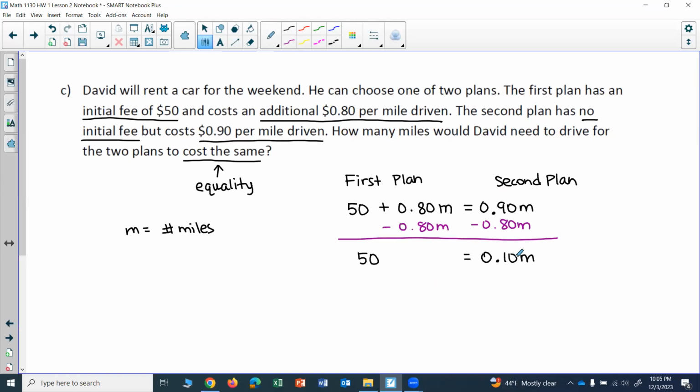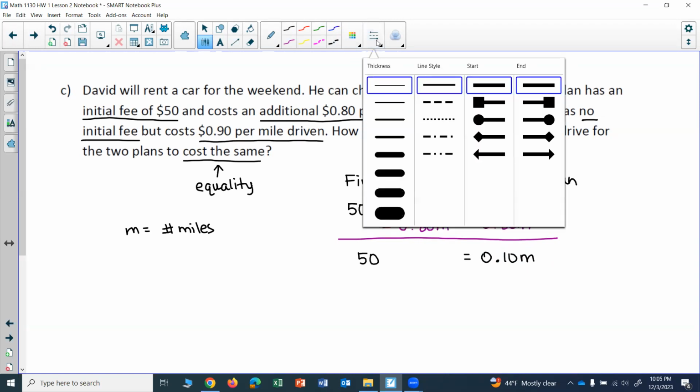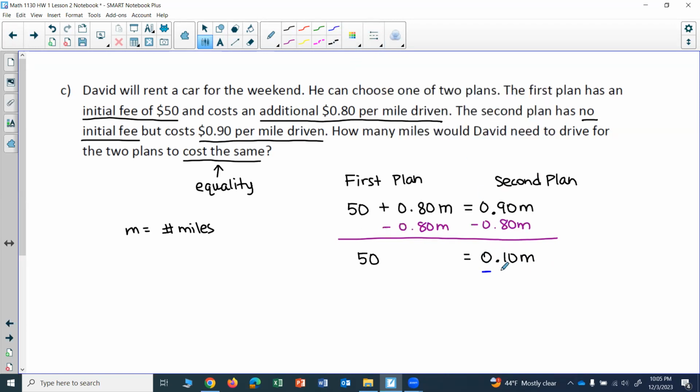Now we always divide by the number that's attached to the variable. And so I would want to divide by 0.10 in order to get m by itself. And you could just put 0.1, they're equivalent. But for some people, they like to write it out exactly as they see in the word problem.